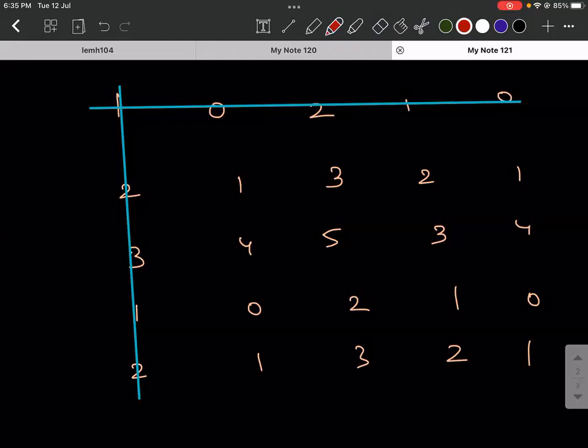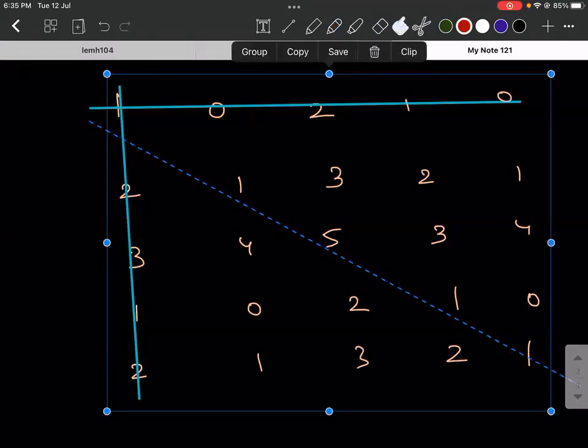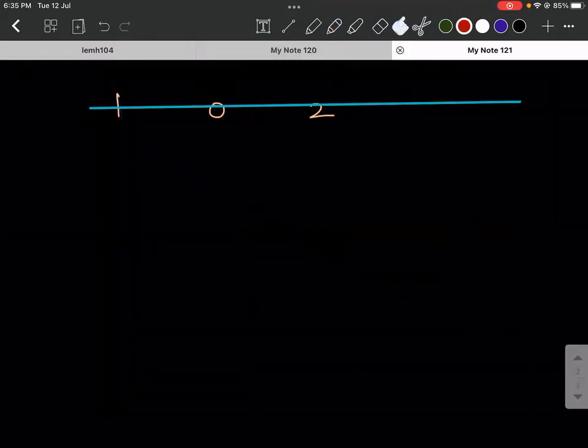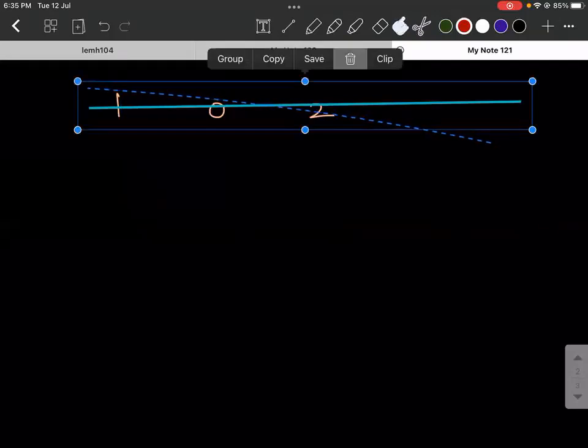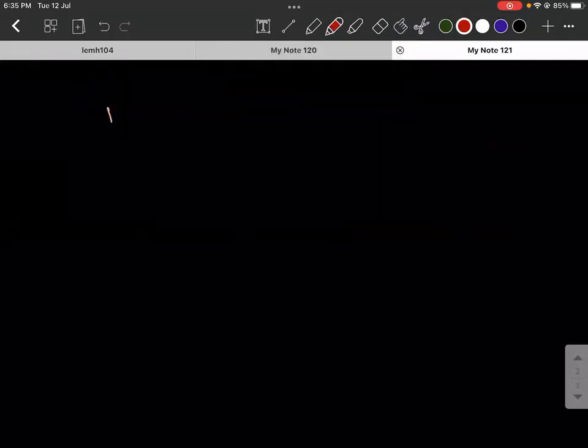See, I'll come from the beginning. See, concentrate. What is the original matrix? 1, 0, 2, 3, 4, 5.